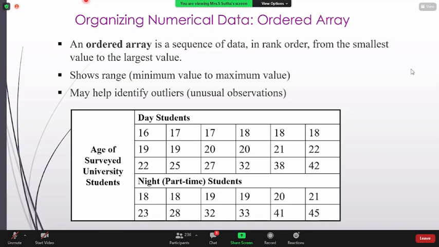Okay. Right. Now, from this ordered array, what information are you taking?